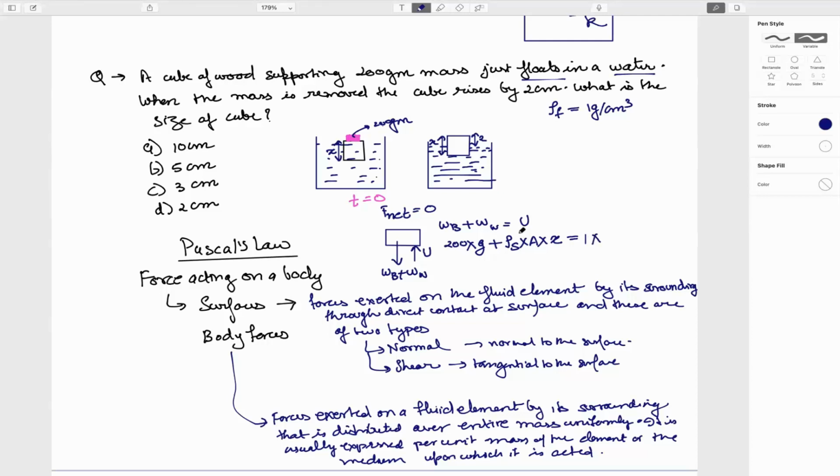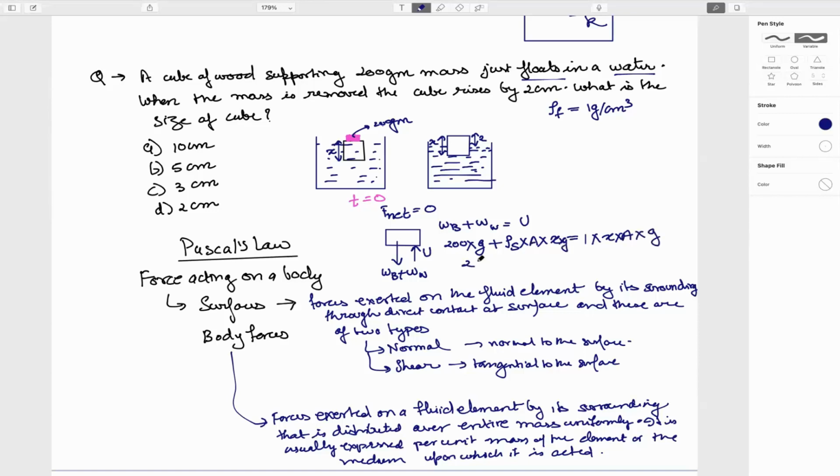It is completely immersed. So what is the displaced water? That is x into A. So this is density, this is volume, into g. So g will cancel out.